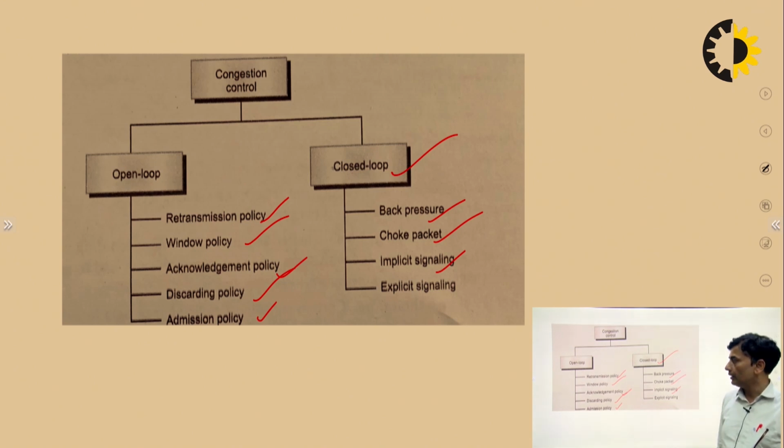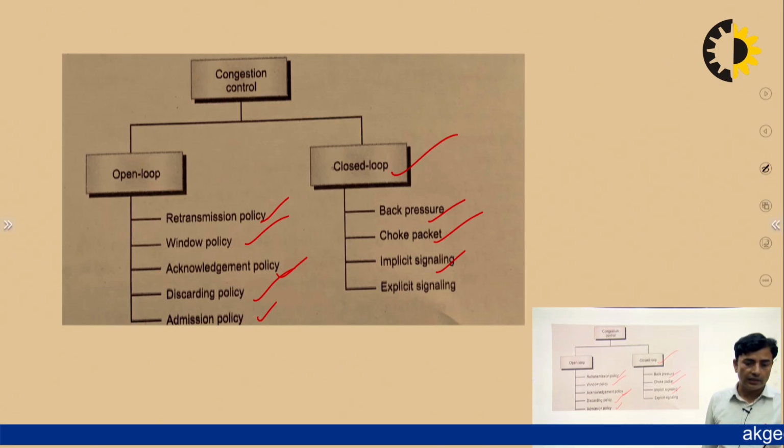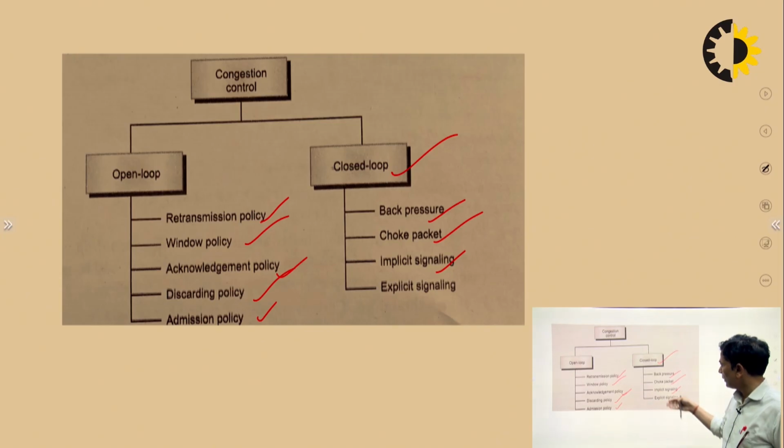All these are the techniques, policies or strategies that can be used at the network layer. So the congestion control policy can be divided into 2 major parts: first is open loop and the other is closed loop.